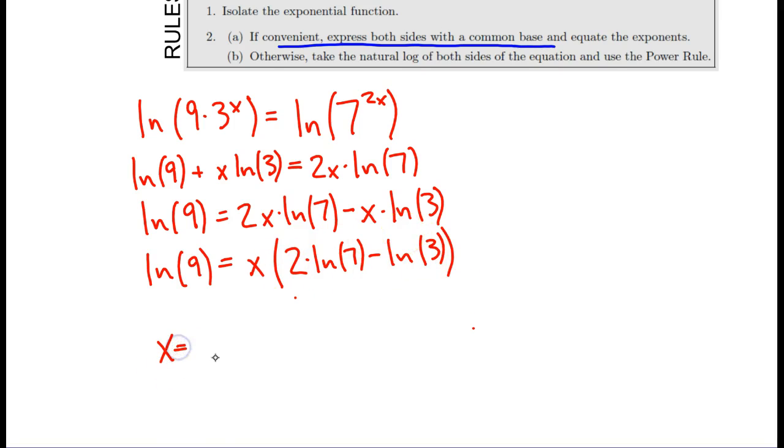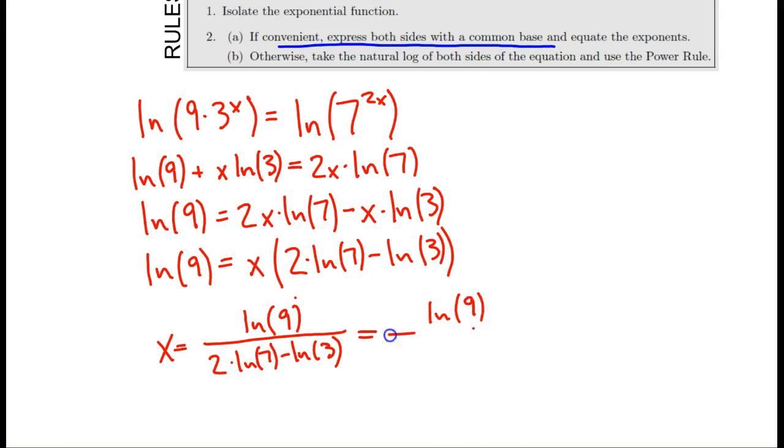x equals the ln of 9 in my numerator, and 2 times the ln of 7 minus ln of 3 in my denominator. Now we could simplify this a little further if we really want to. The ln of 9 will stay, and then 2 times the ln of 7 is really the ln of 49 based on the power rule of logarithms, minus the ln of 3.